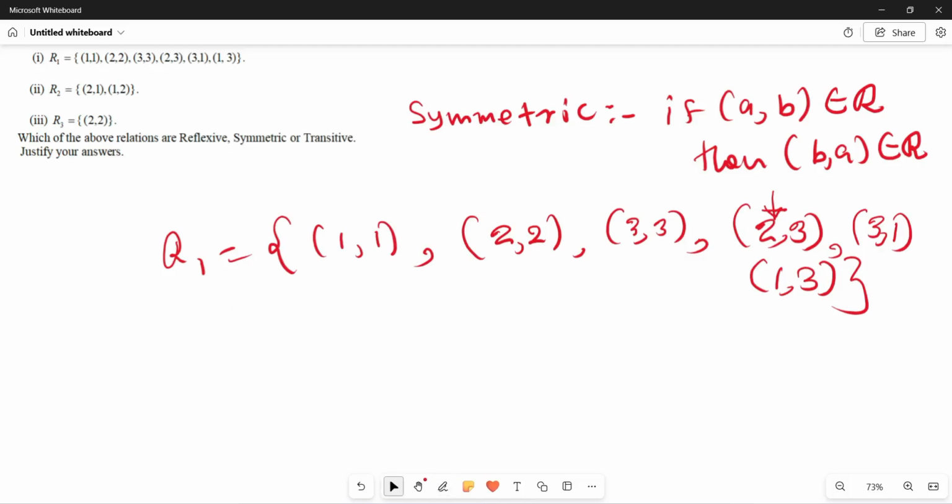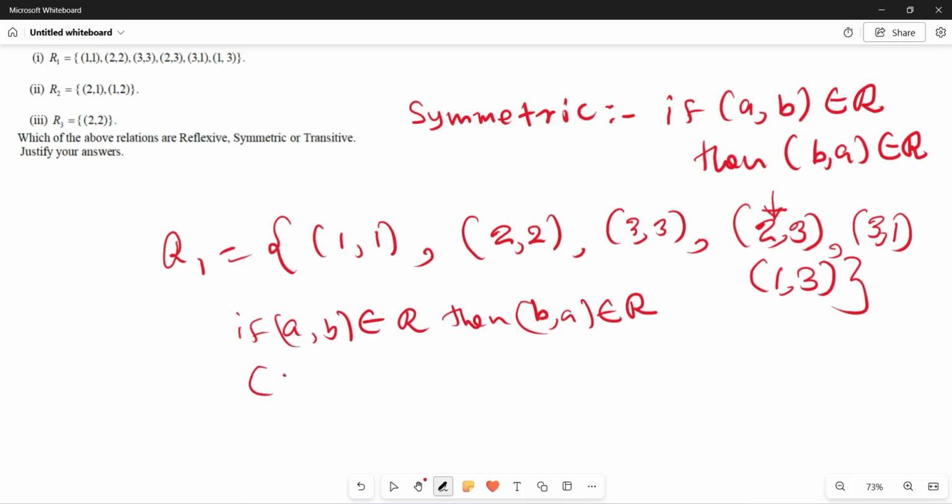First you want to write this: if (A, B) belongs to R, then (B, A) also belongs to R. But in our case, (1, 1), (2, 2), (3, 3), all those things are related to R. Here (1, 1) belongs to R1, which means the reverse of that one also belongs.